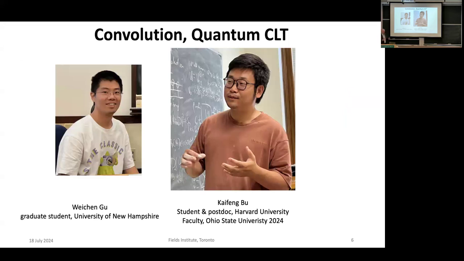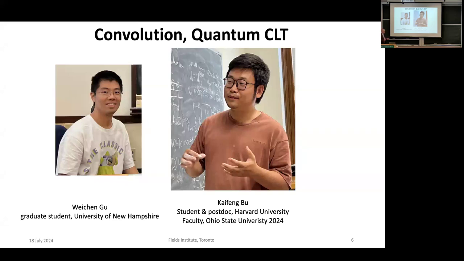I have a present set of collaborators I'll talk about central to this. Kaifeng Bu just finished as a postdoctoral fellow, and he's going to be this fall at Ohio State in the math department.